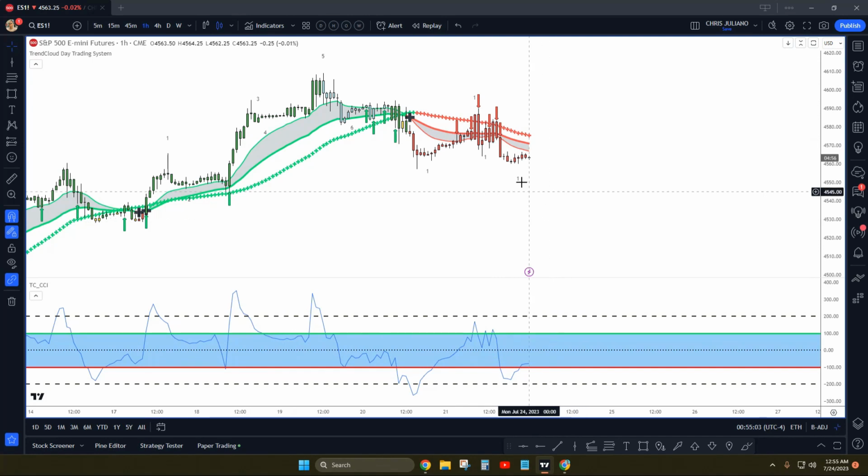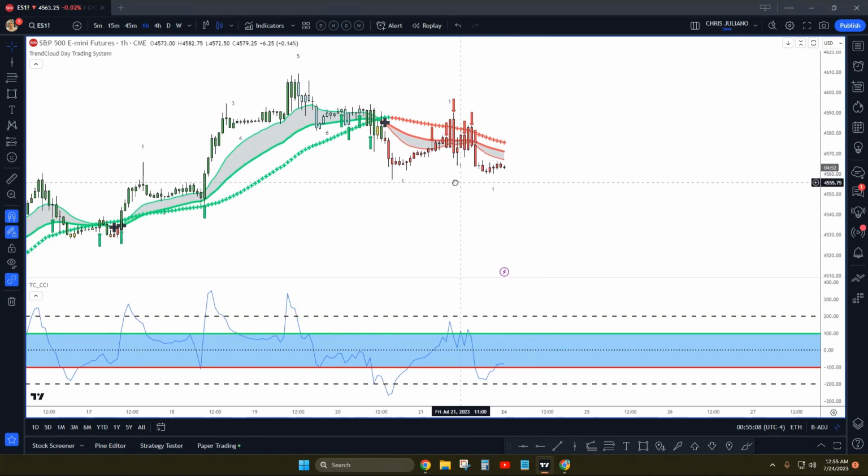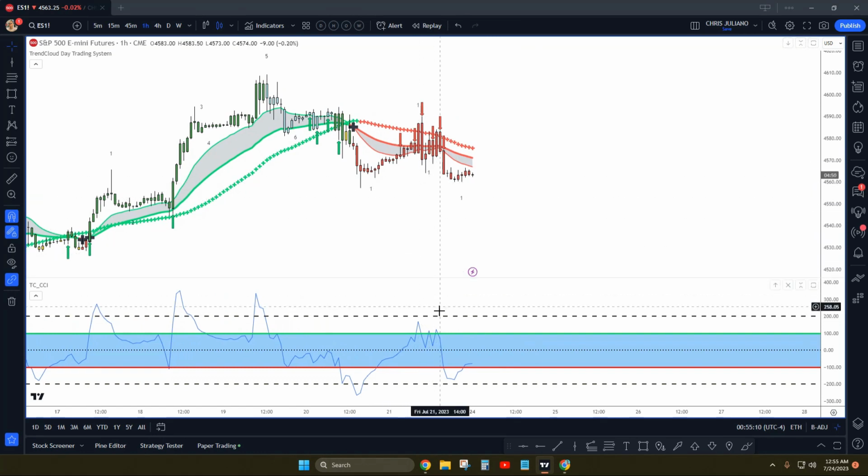So the downtrend is the present situation. And what we have here is a signal that is showing a strong uptrend on the CCI indicator. So those are mixed signals.